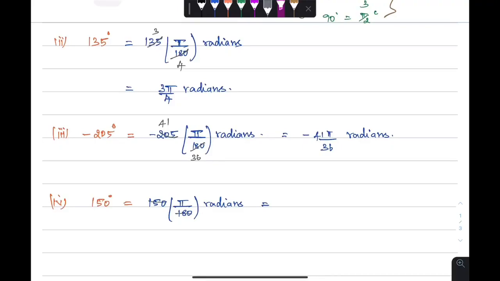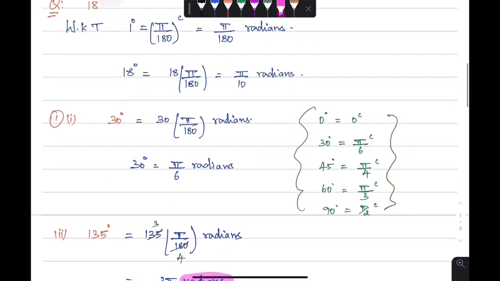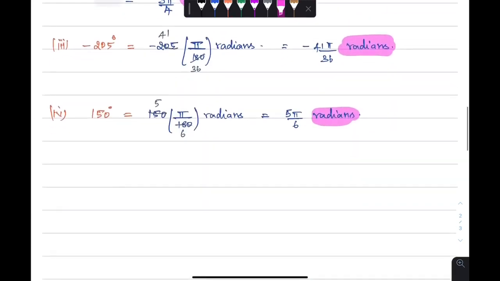Very good. So it's 5 pi by 6 radians, children. Very good. So I hope you guys are clear with whatever is going on here. In the conversion of degree to radians, it's very important to mention radians in the final answer. Please do not forget it. As you can see, I have written it in every problem. So I have converted it neatly.